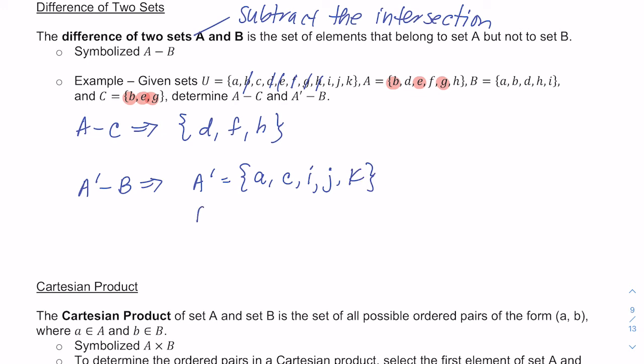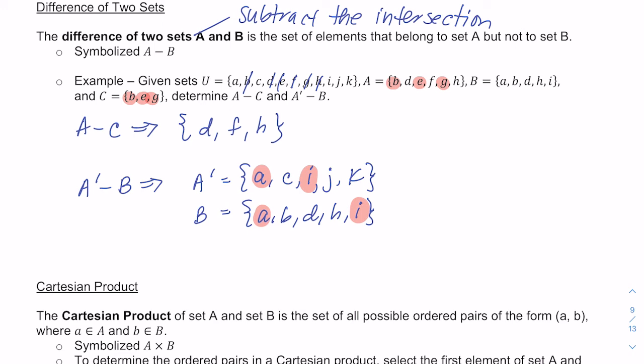And then B is A, B, D, H, and I. So now I'm going to take away the intersections. So I can't use A, I can't use I, but I can use these other letters.